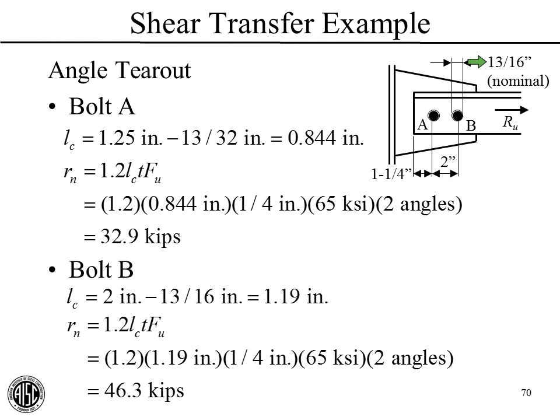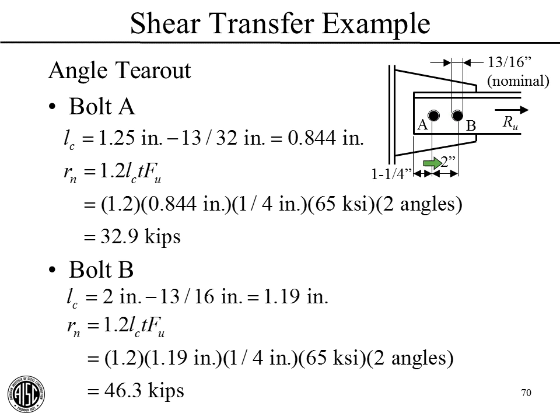The nominal size of a standard hole there is 13/16 of an inch. So you see here we're taking out half of that to go from the end of the angle to the center of the hole. Likewise down here at bolt B, L sub C is the distance between the right edge of this hole to the left edge of this one.